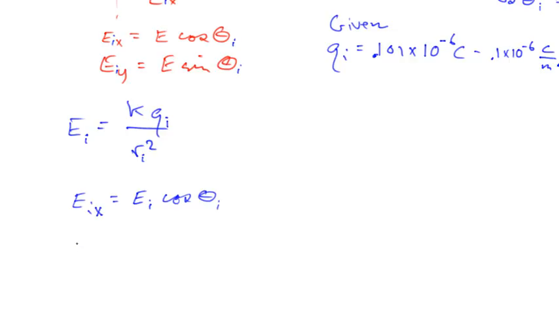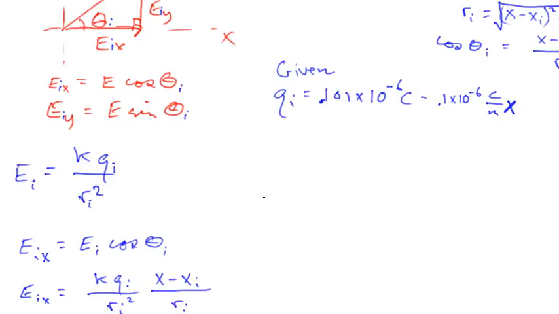So E sub I x is equal to k q sub I over r sub I squared times something over r sub I. It was x minus x sub I, but I better check.